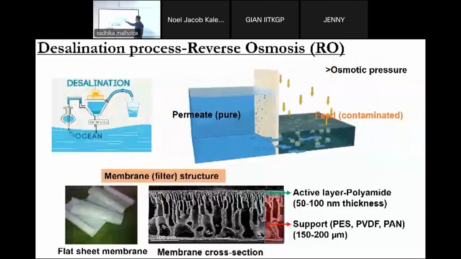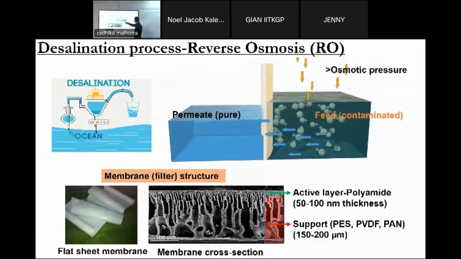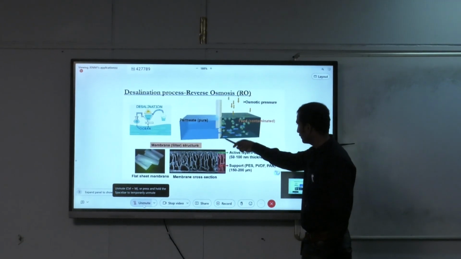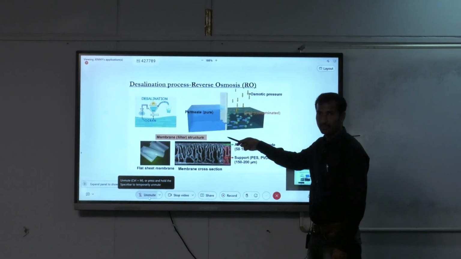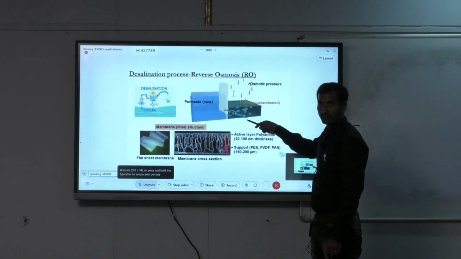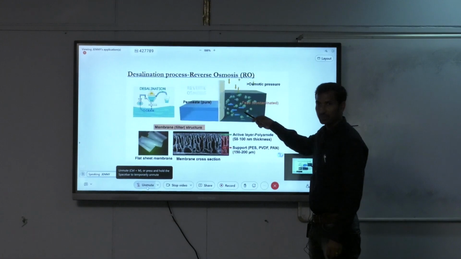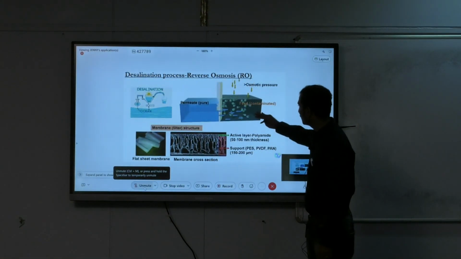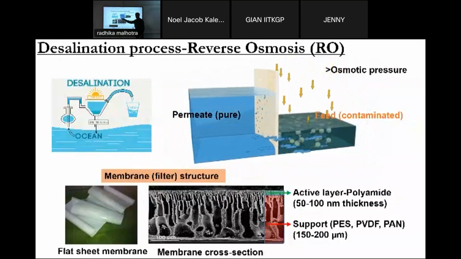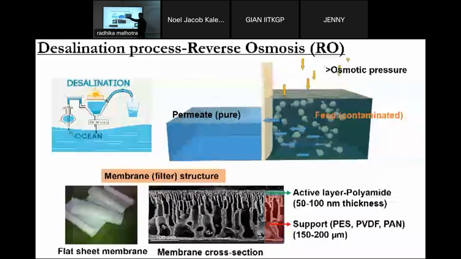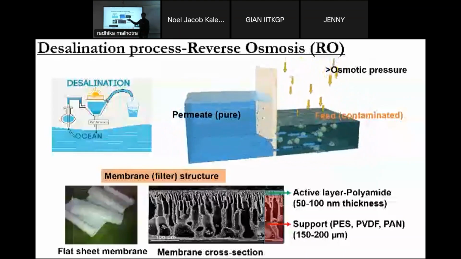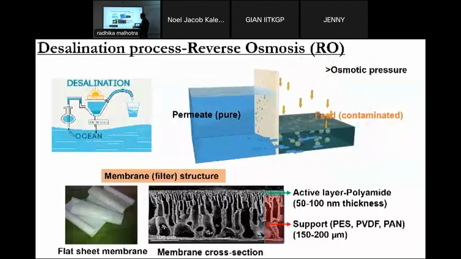This is the one I was explaining. Here you have the concentrated solution, here you have pure water, and in between you have the semi-permeable membrane. If you apply a pressure here which is more than the osmotic pressure, then the pure water penetrates through the membrane and collects on the opposite side. This process is called reverse osmosis, just opposite to the natural phenomenon of osmosis.